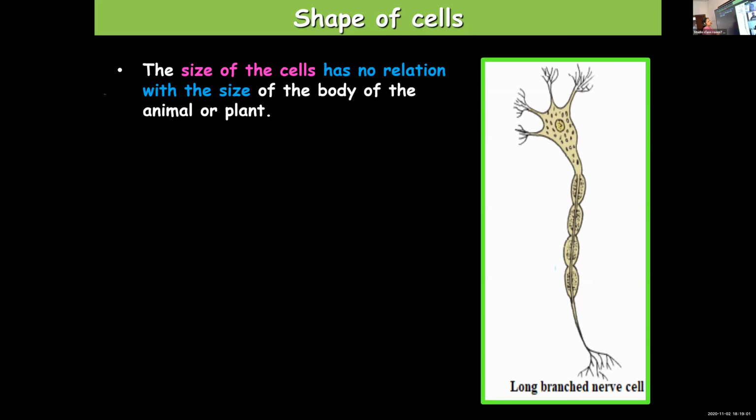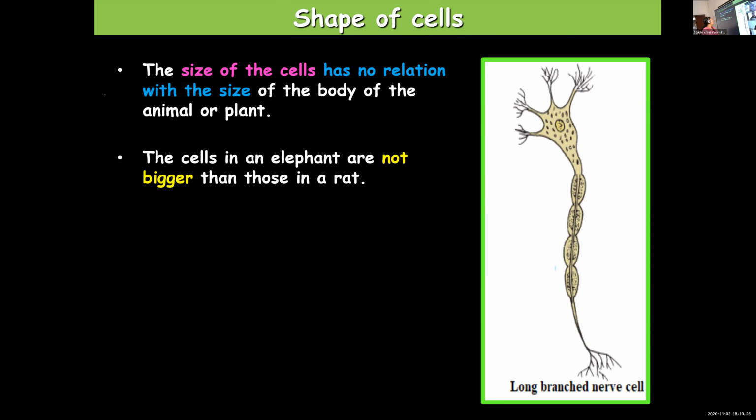So this is a slide which we discussed towards the end in our previous class. And I told you that the size of the cell has no relation with the size of the animal. For example, if you take the case of an elephant and a rat, definitely the elephant is larger than a rat.